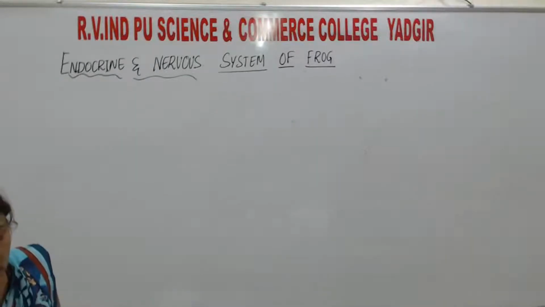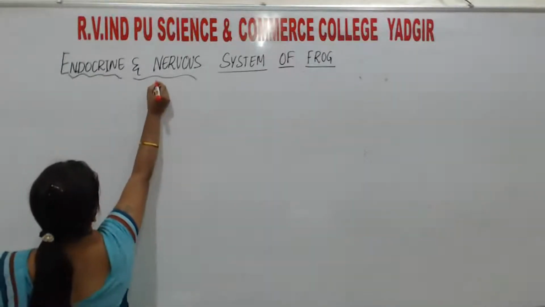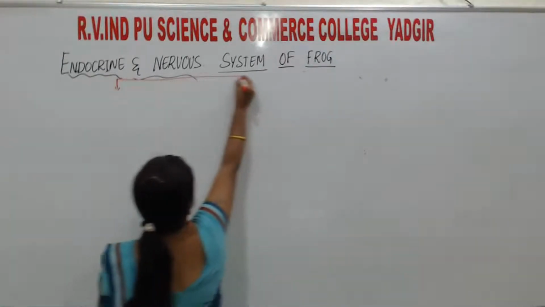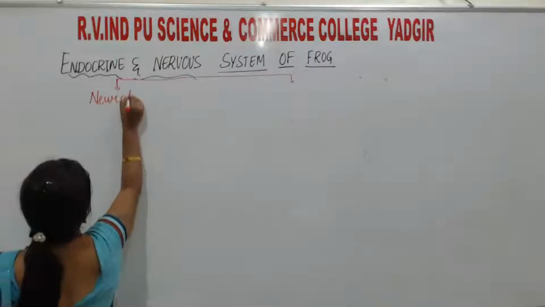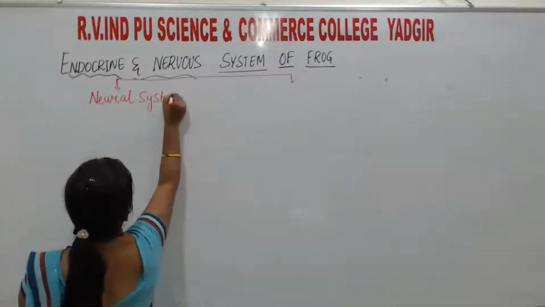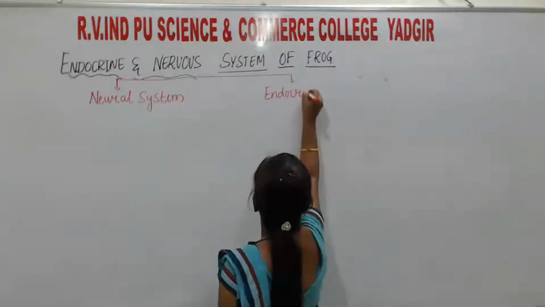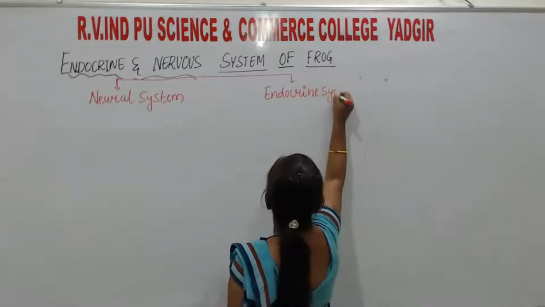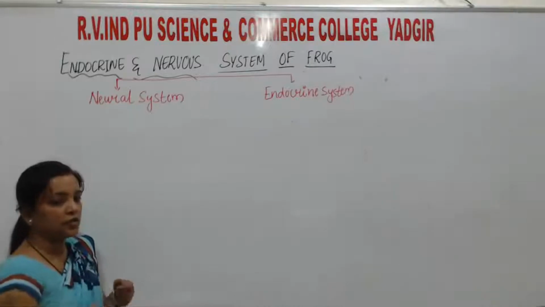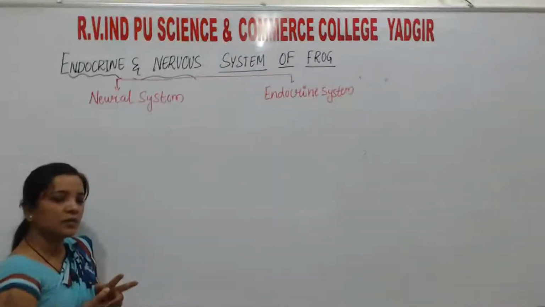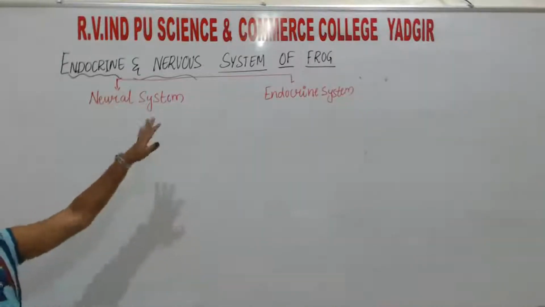First, they have two types of systems: the neural system and the endocrine system, for chemical coordination.